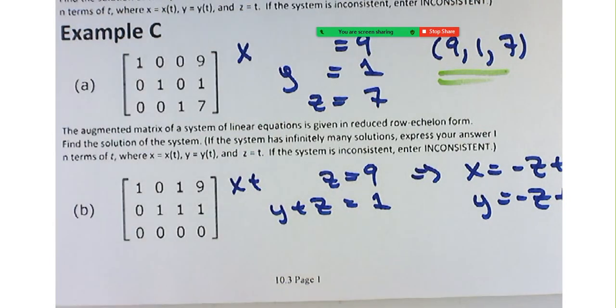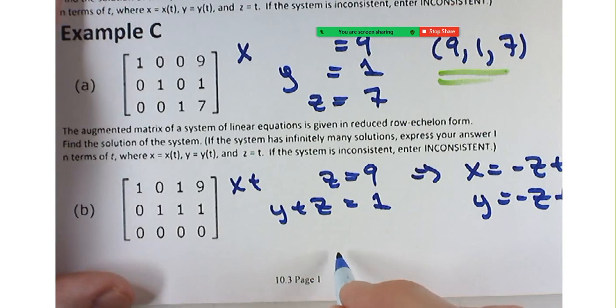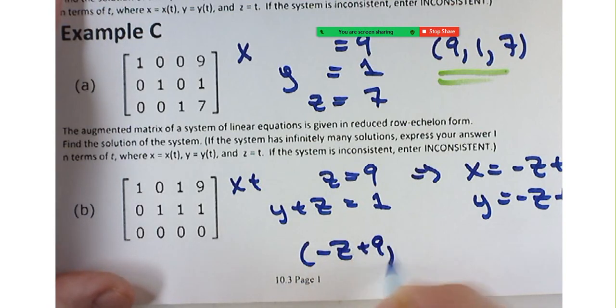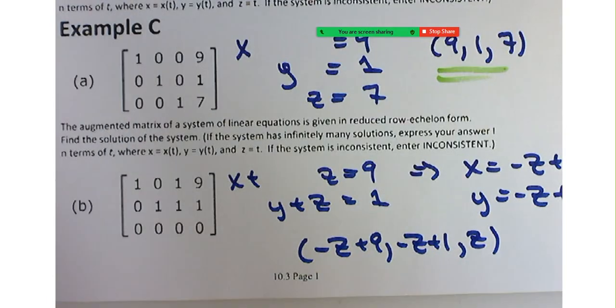So that means this is another dependent system. There's infinitely many solutions, and those solutions would take the form of negative z plus 9, negative z plus 1, and z. And likewise, you could write it in terms of t if you wanted to or needed to.